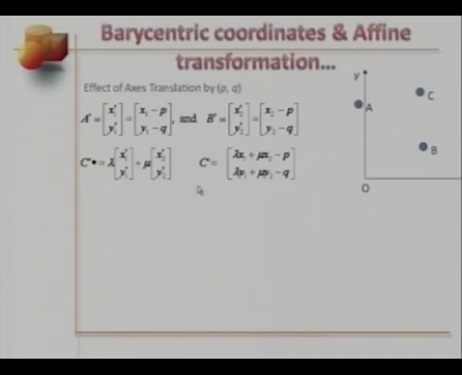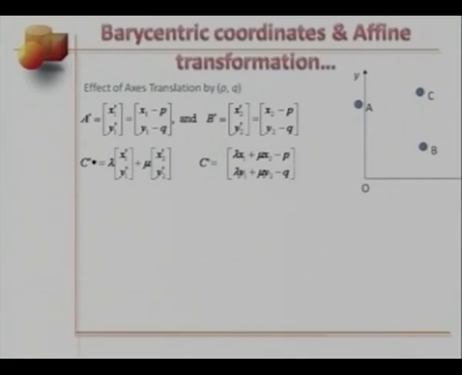How did I get this expression? Well, note that C was expressed initially as a linear combination between A and B. And this translation of axes would directly affect that relation.